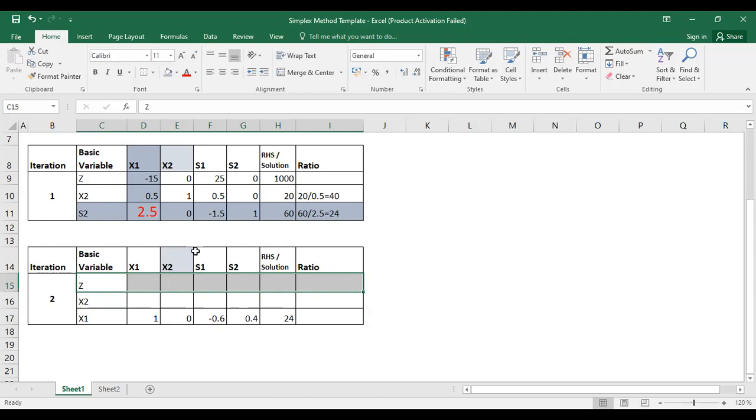Somebody should do the calculations. We have the current row minus the corresponding pivot column value, which is negative 15, times these new values we have here.